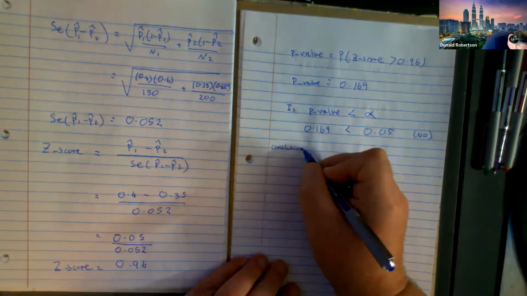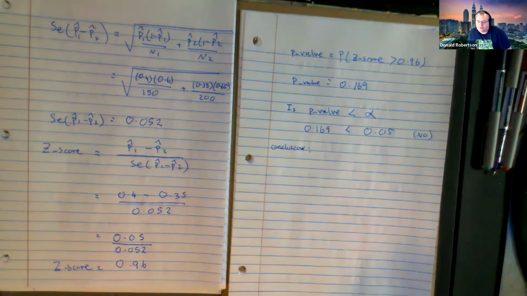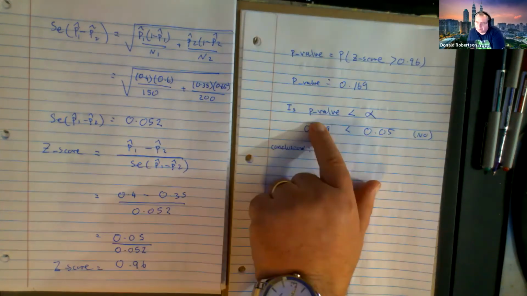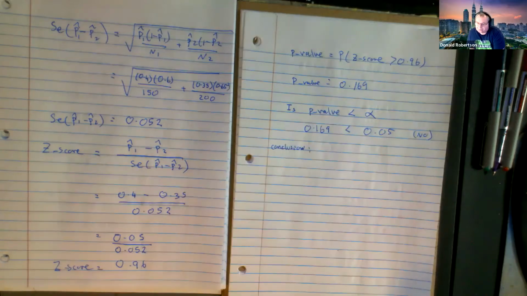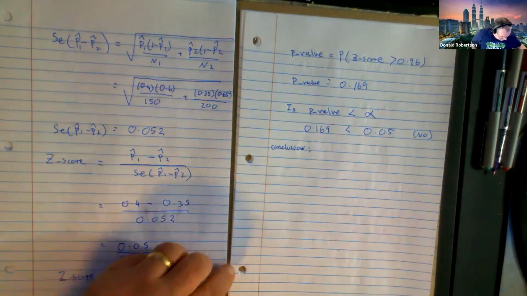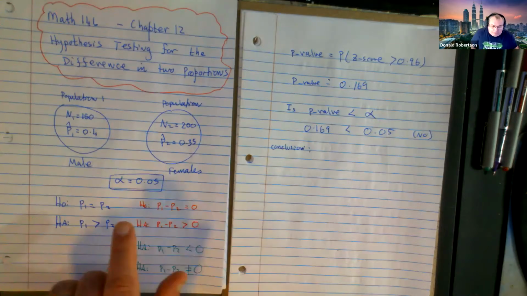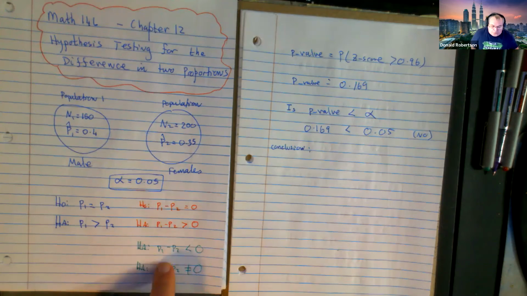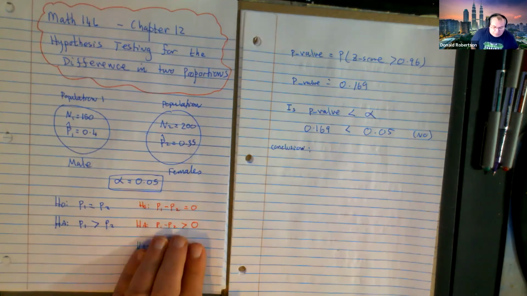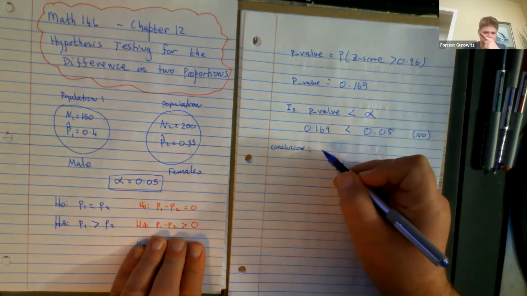And this conclusion, anybody want to tell me what this conclusion would be based on the fact that my p-value is too big? How might we phrase the conclusion? Could it be something like do not reject the hypothesis?